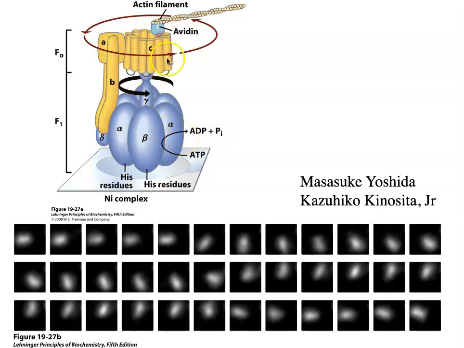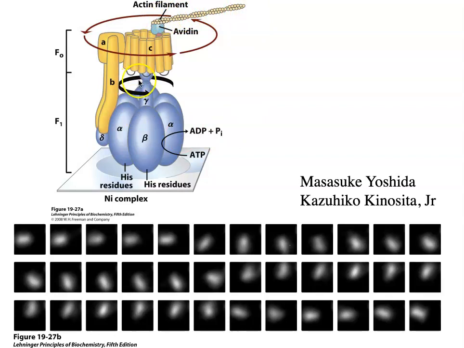The part that normally rotates is the c channel. In order to visualize the c channel, they've attached a fluorescent actin filament via an avidin, streptavidin, avidin-biotin linker, and they can now trace the position of the actin filament.